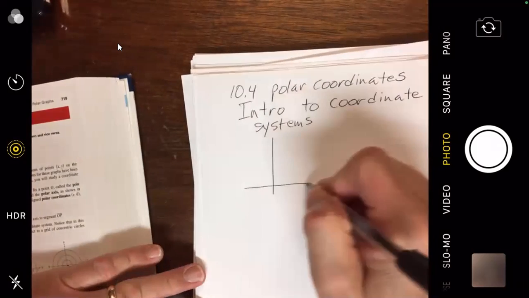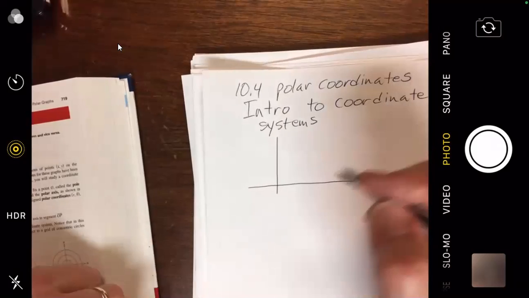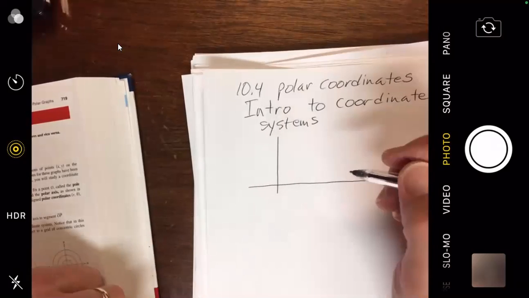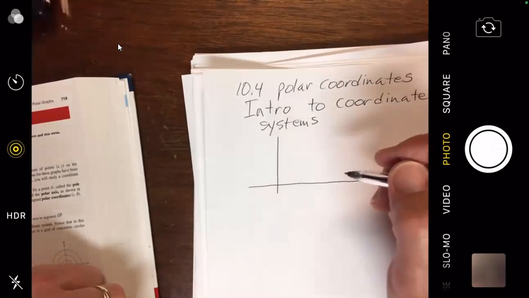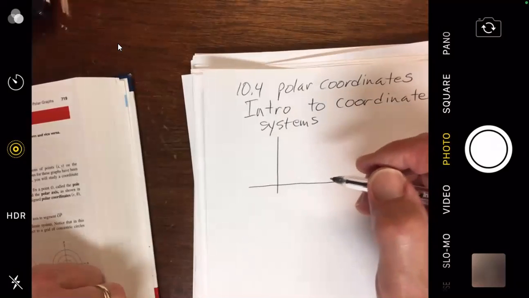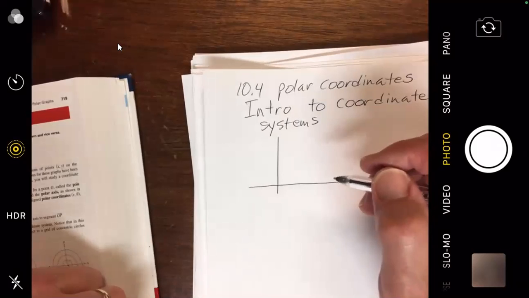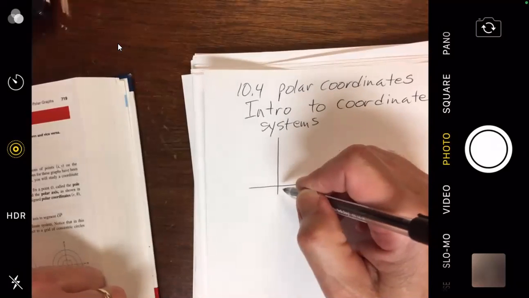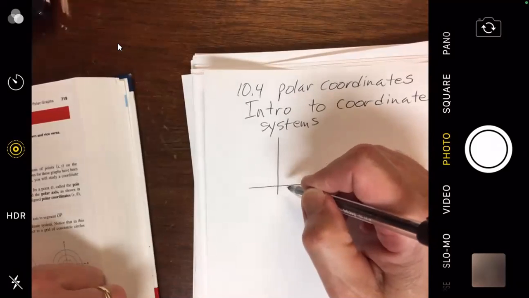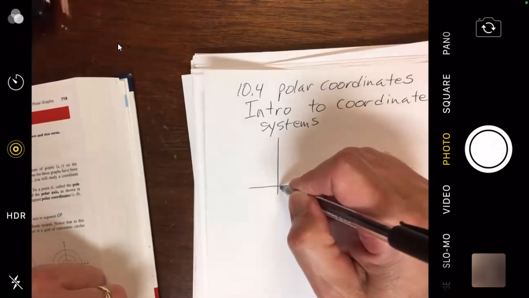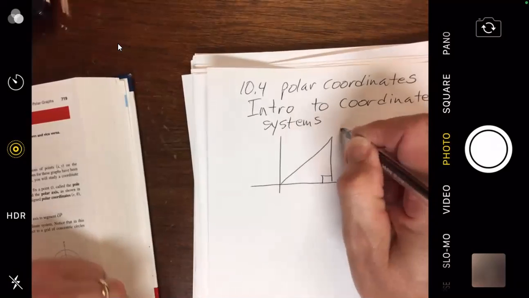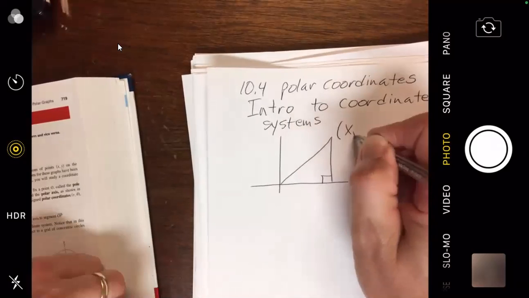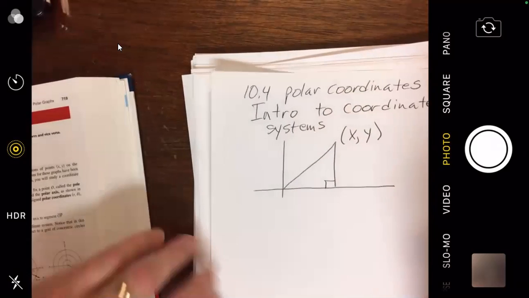All right, let me just make an example. Let's say, should I use easy numbers? Well, we'll just use x's and y's. This is basic trig. I locate a point with just general x and y.